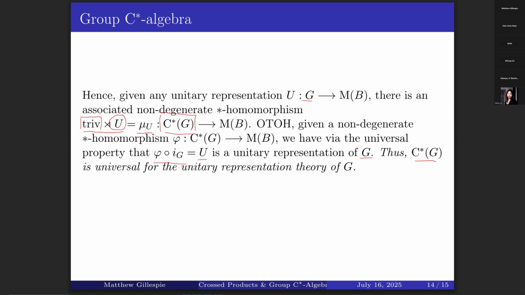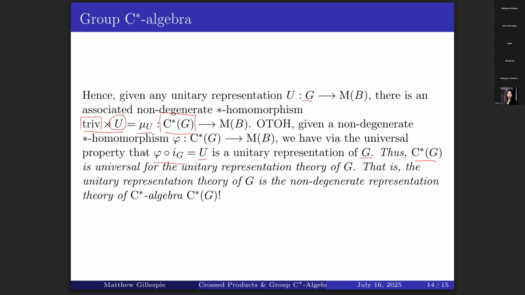In other words, the unitary representation theory of the group is literally just the non-degenerate representation theory of this C star algebra, C star of G.